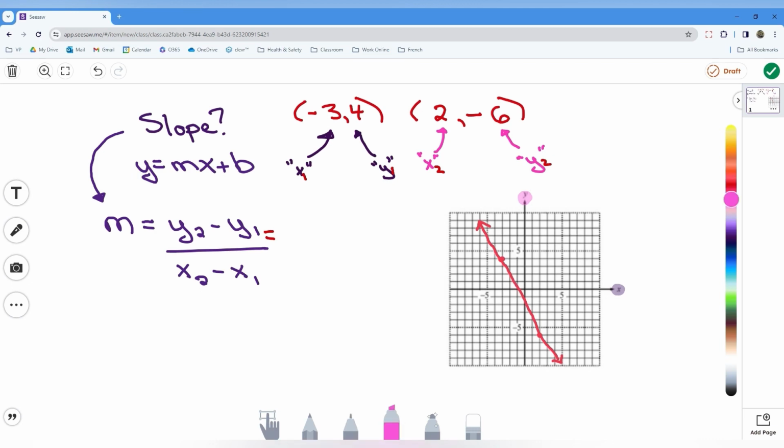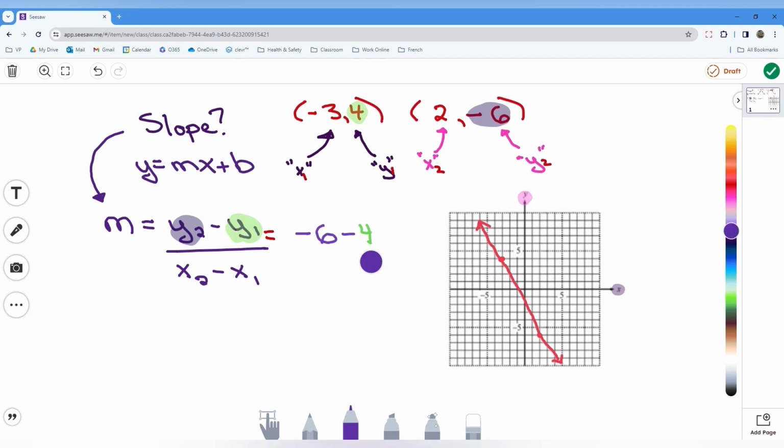Our y2 value comes from the y2 of -6, so we can write in -6 here. Now I need to subtract my y1 value. My y1 value is coming from that first set of pairs we looked at. So I need to subtract 4.